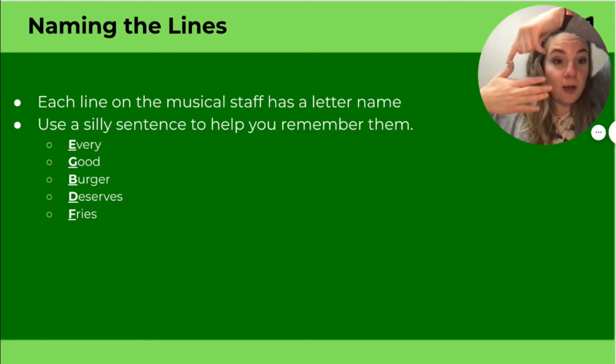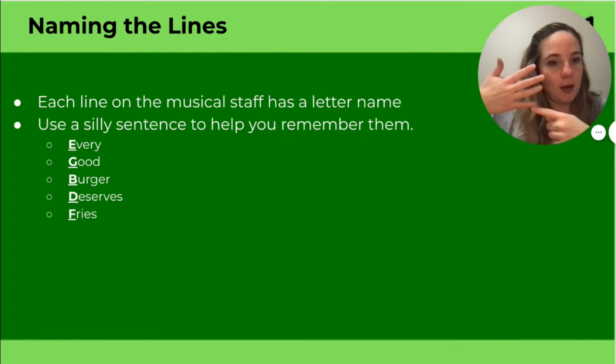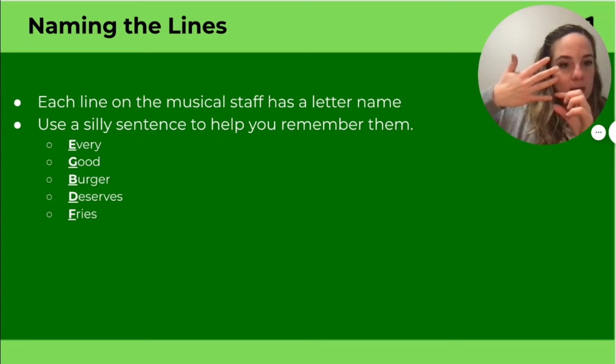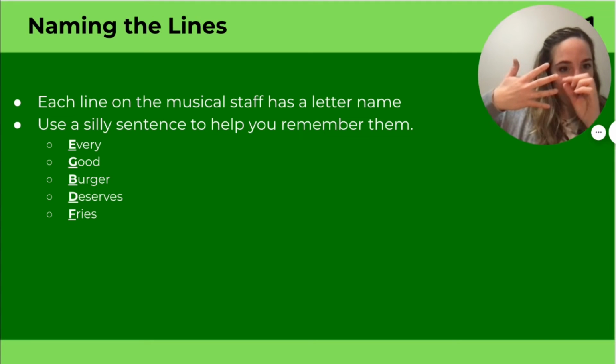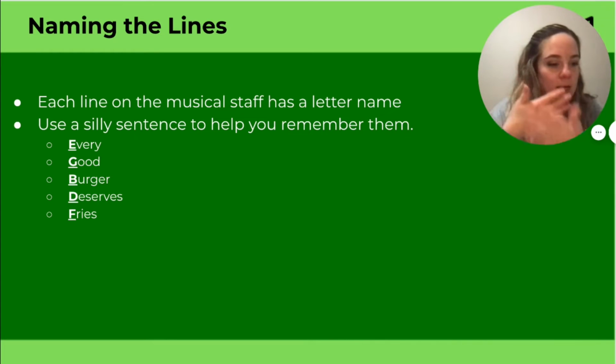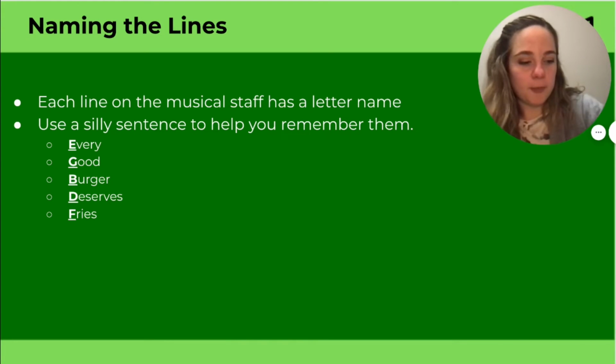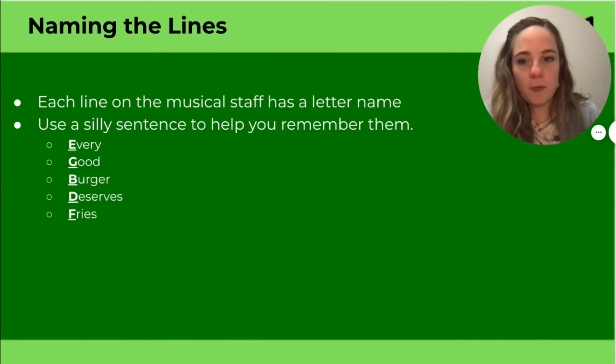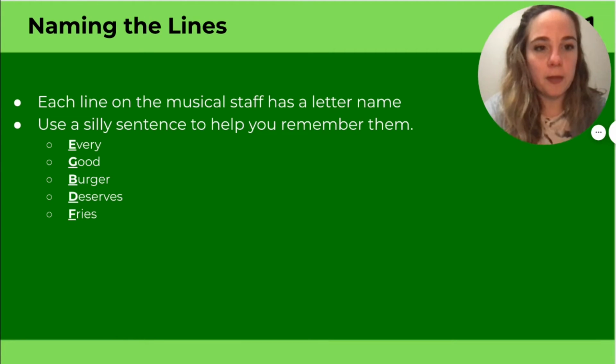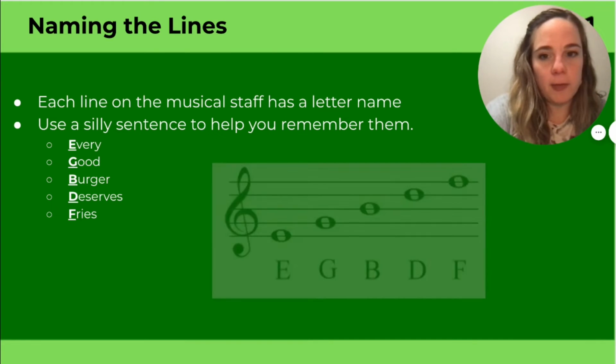And we use the first letter from each word to be our note name. So the E would go right here, the G would go here, B, D, F, all right? And that's where our notes go, right on those lines, and I'll show you that here in just a second. So you can write that at the top of your paper if you want, so it can help you remember it. You can write it underneath here when we start drawing notes. Whatever helps you remember is good with me.